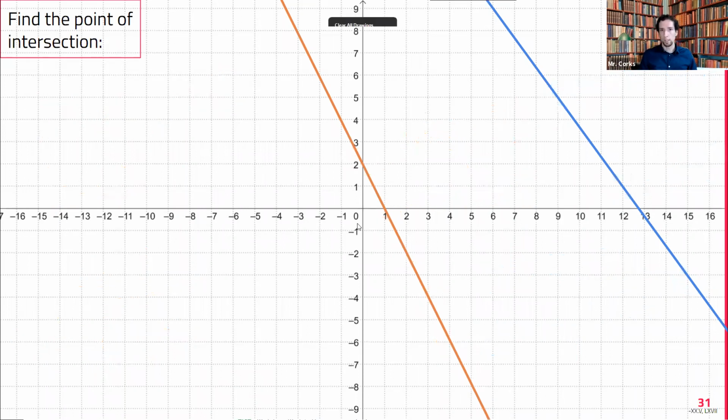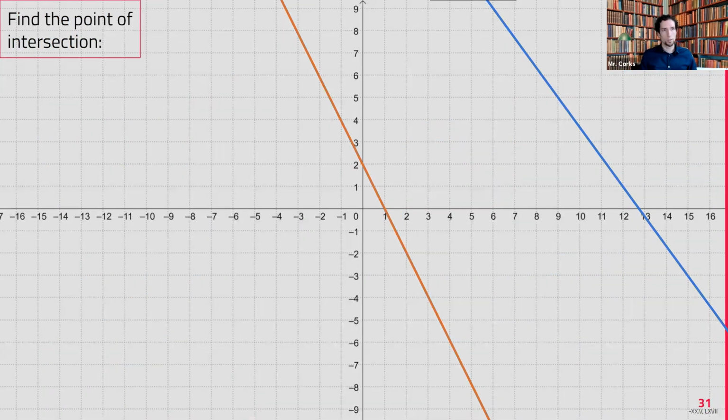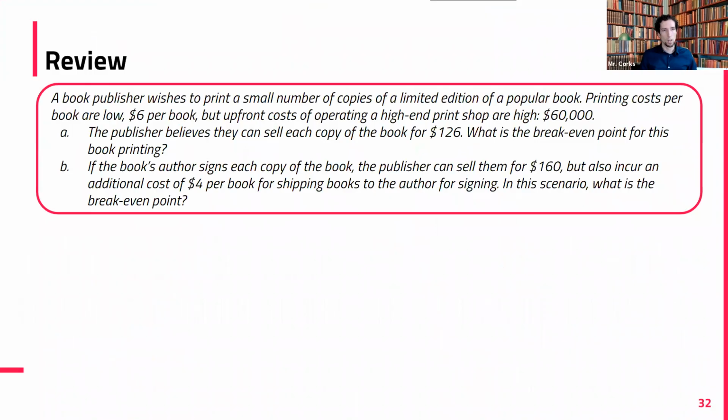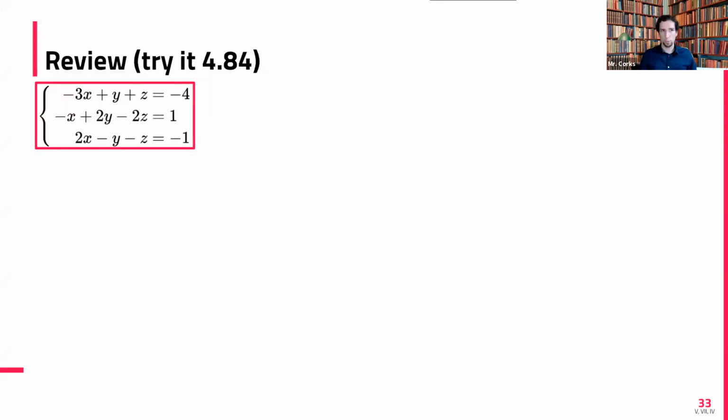Okay, 2 more. Let's do this one really quickly. If we're trying to solve for x, y, and z here, what can we use? We can use matrices.